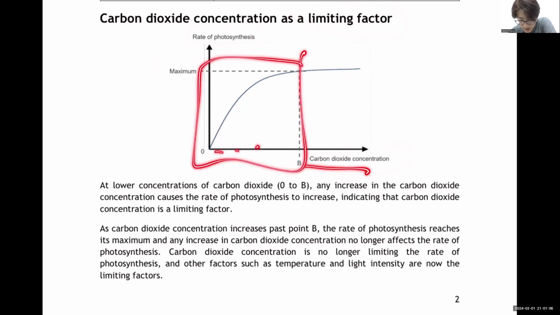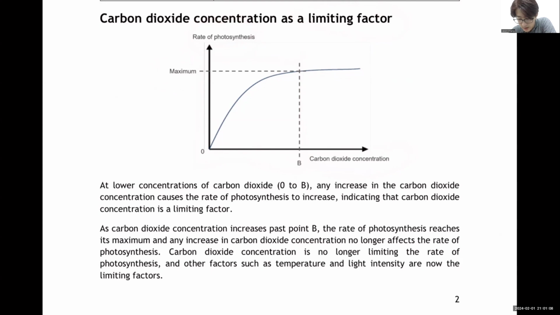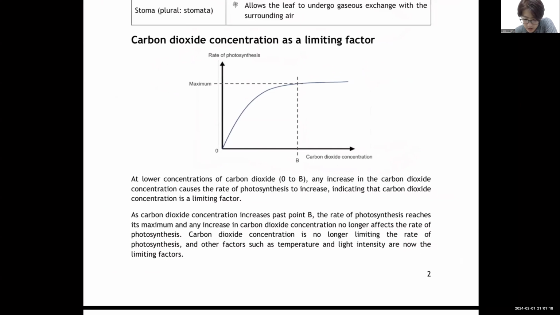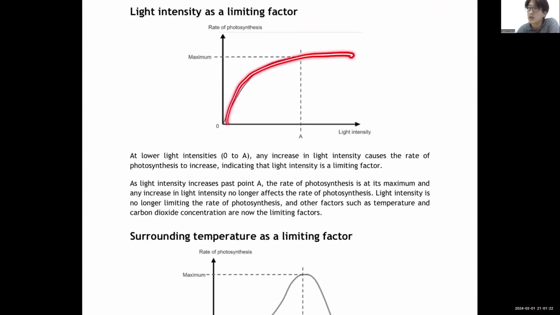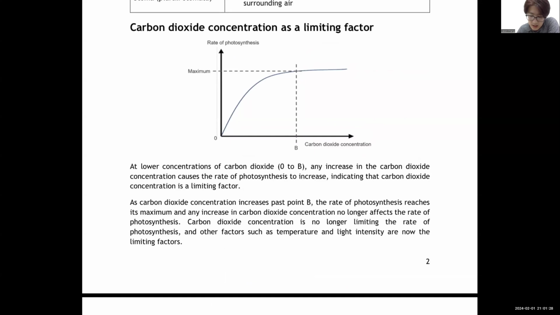When carbon dioxide increases, the rate also increases. This one is limiting. But if I keep on increasing, no more change, no more limiting. The same idea applies, you look at the shape of the graph, to light intensity. Same idea. Okay? Because light is needed for photosynthesis, carbon dioxide is needed for photosynthesis.